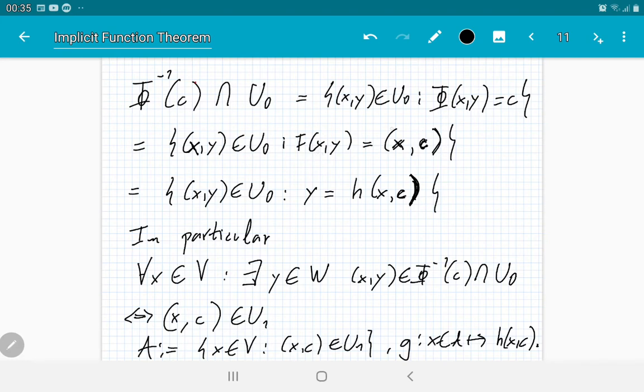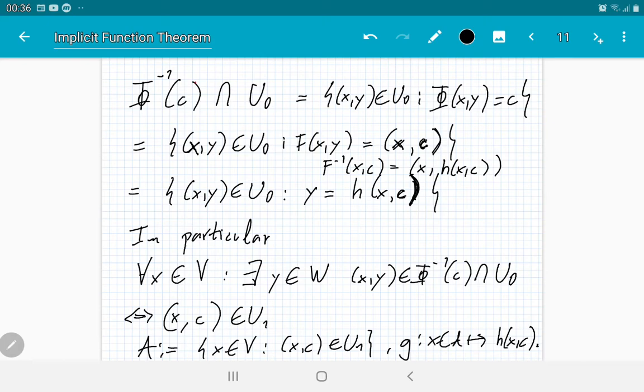Now, by definition of capital F, that's just the set of pairs such that f of x, y is equal to x, c, which is just the set of pairs for which, look at the inverse function. Remember that f minus 1 of x, c is x, h of x, c. So requiring that the pair satisfies this is the same as satisfying this.